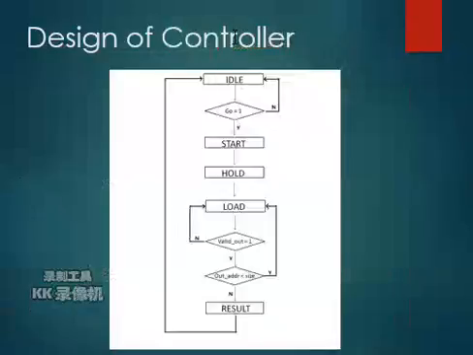The most important part is the design of the controller. This controller has 1, 2, 3, 4, 5 states. You can see the control signal. When go is 0, it goes back to idle. When it's 1, it goes to start, and the next cycle it goes to load, where it waits until valid out is 1, and then it outputs the data.